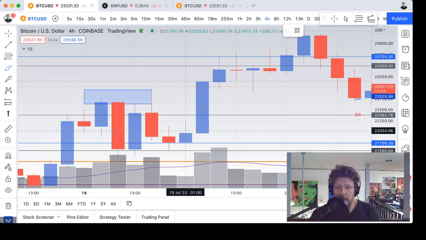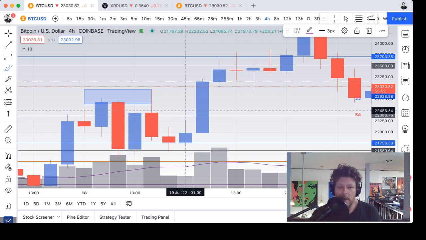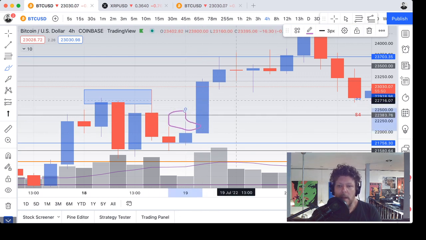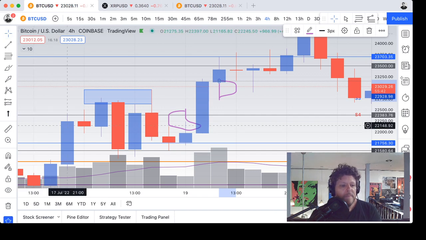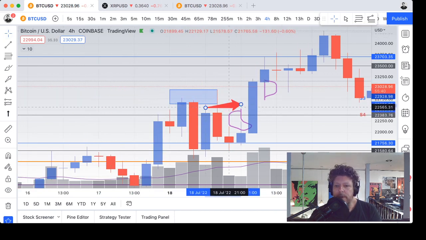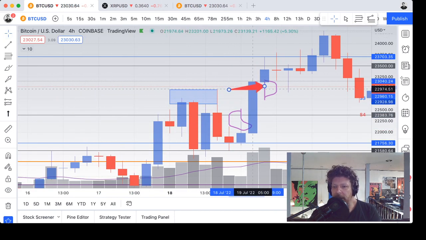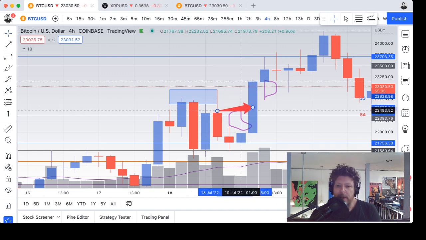So looking at this wick right here, and looking at this wick right here. Ooh, that came out kind of weird, but that's okay. So you can see there's a wick right here, the wick right here, and there's a space between it. That's a fair value gap.